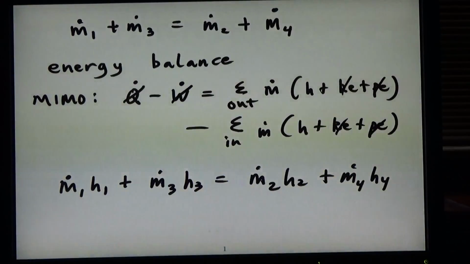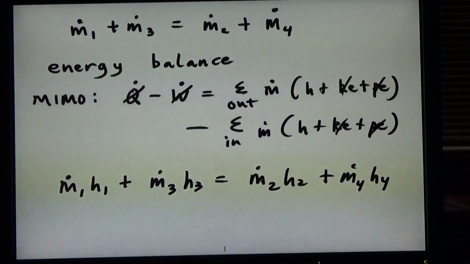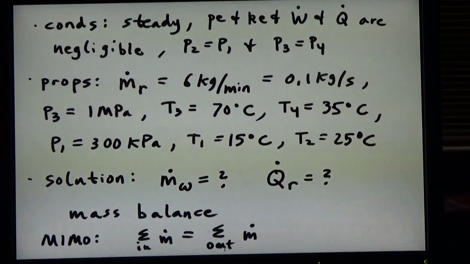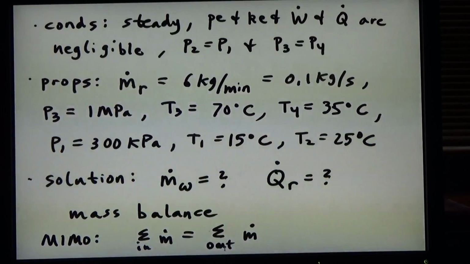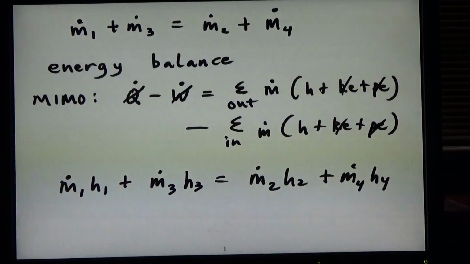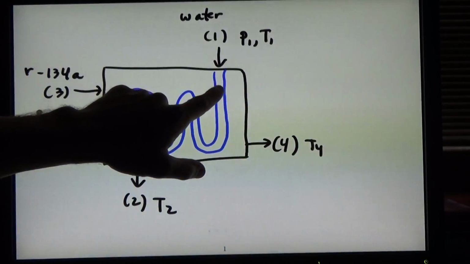Alright, so the mass balance and the energy balance for the heat exchanger just by themselves aren't going to be super helpful, right? Because we don't really know m dot 1, m dot 3, m dot 2, or m dot 4. We only actually know the mass flow rate of one thing, and that's the mass flow rate of the refrigerant. So let's keep going, and we want to do an analysis of each one of the substances by itself.